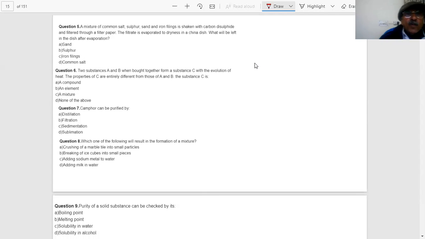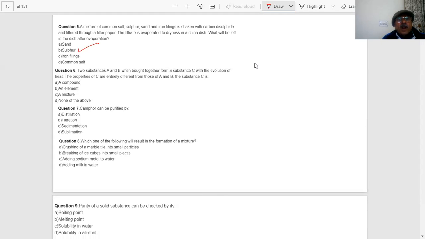A mixture of common salt, sulfur, sand, and iron filings is shaken with carbon disulfide and filtered through filter paper. The filtrate is evaporated to dryness in a china dish. What will be left in the dish after evaporation, students? Sir, sulfur. Yes, sir.